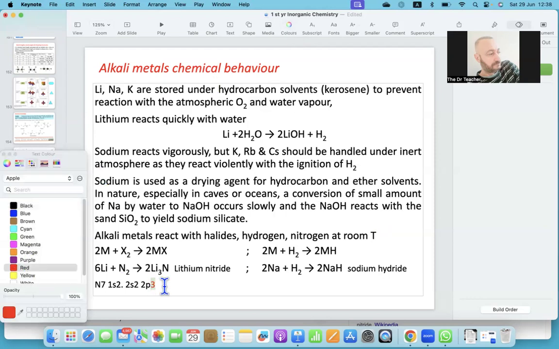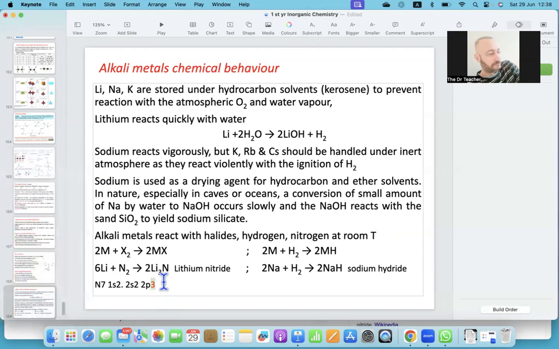They are singles in the orbital, and they can react with the 3 hydrogens. So 3 lithium, or 3 hydrogen, or any 3 of other metals. And now you can see here the nitrogen reacts with 3 lithium. Metal can react with hydrogen to make sodium hydride or metal hydride.